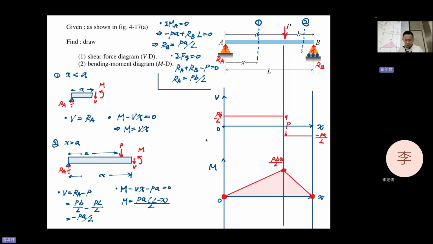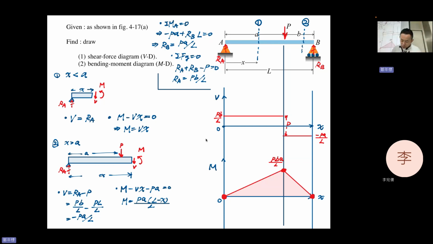Okay, that's our purpose. So I will introduce how to simplify this procedure. And we will do this problem again by using the tips we are going to introduce to you. And you will solve this problem within 3 minutes. Okay?